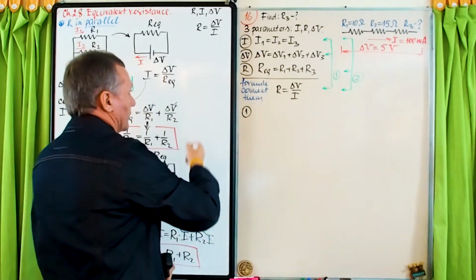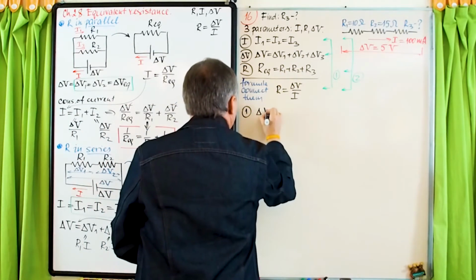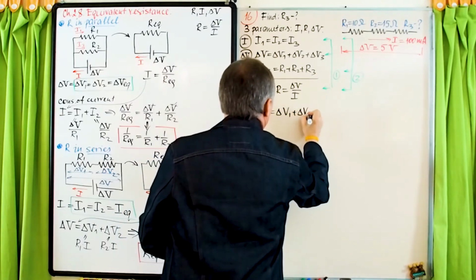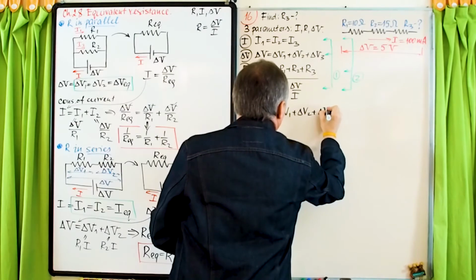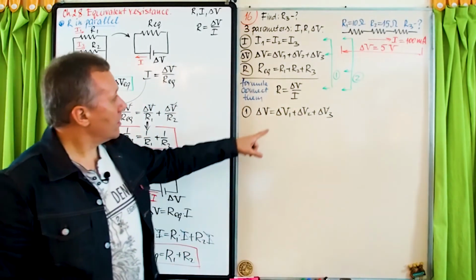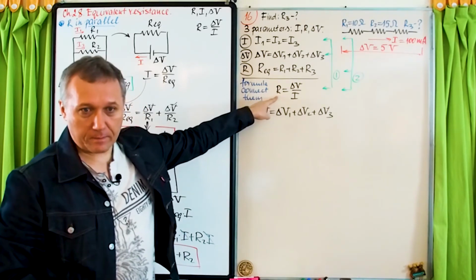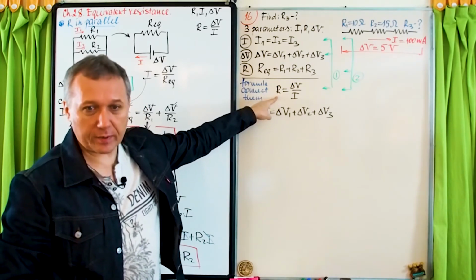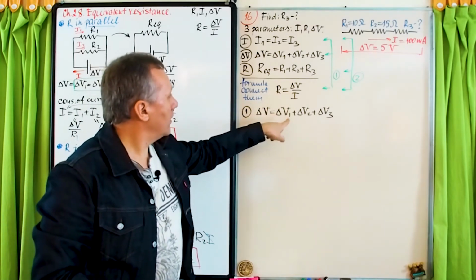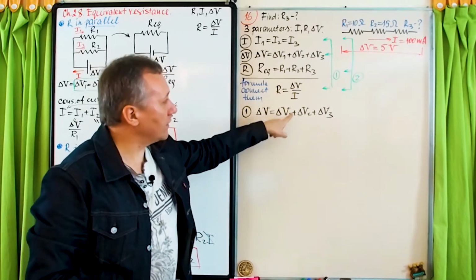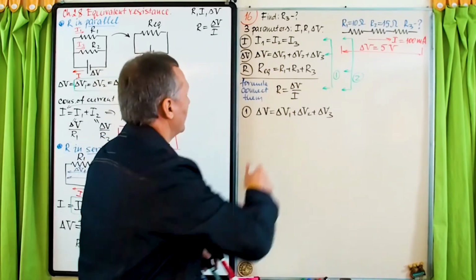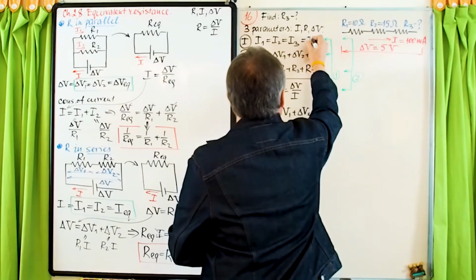So let me rewrite that formula. Delta V equals delta V1 plus delta V2 plus delta V3. Now we can use the formula connecting them all, 3 parameters, and replace each delta V. R1 I, the currents are the same, so I can write I, which is given.